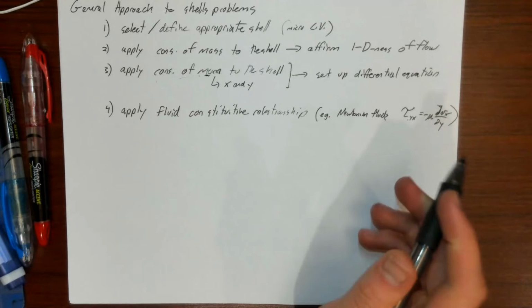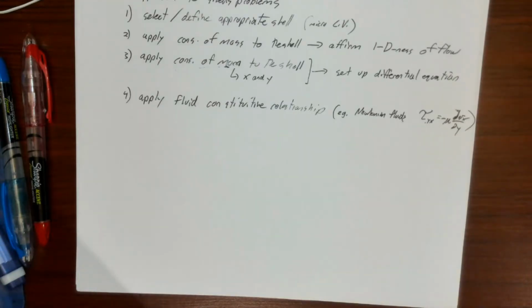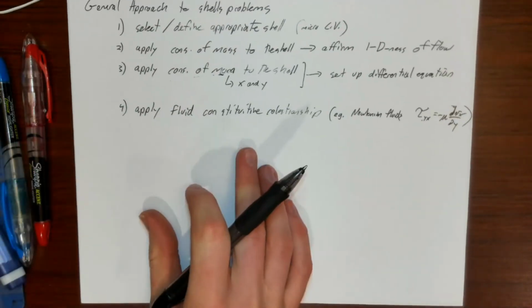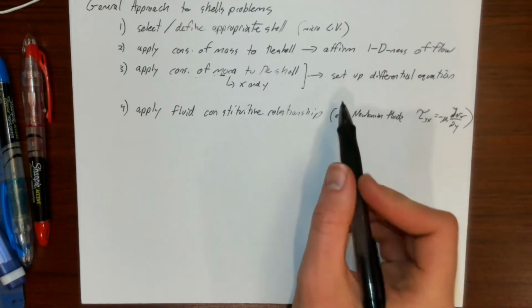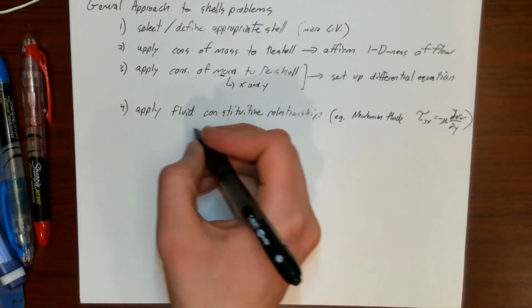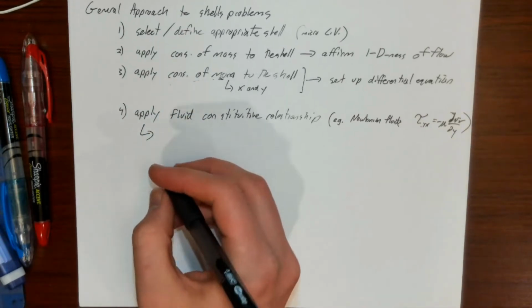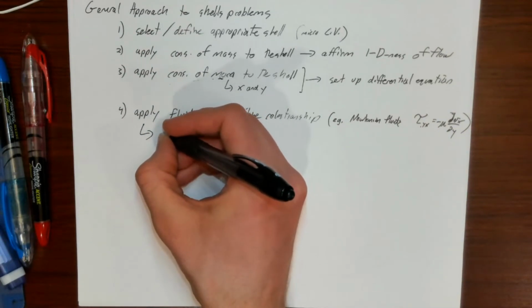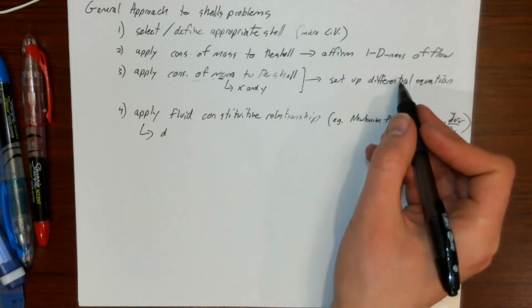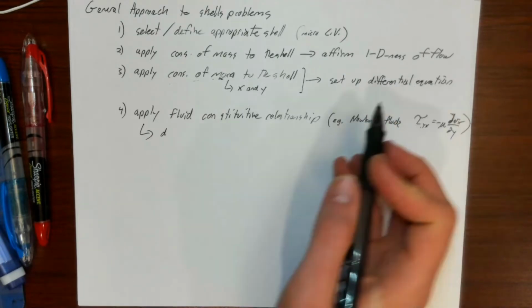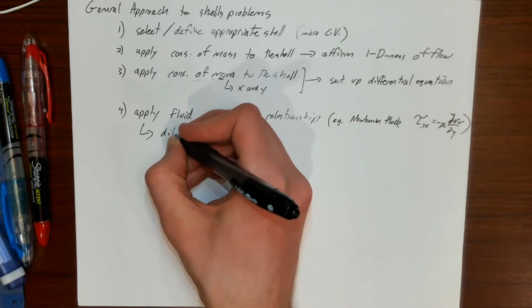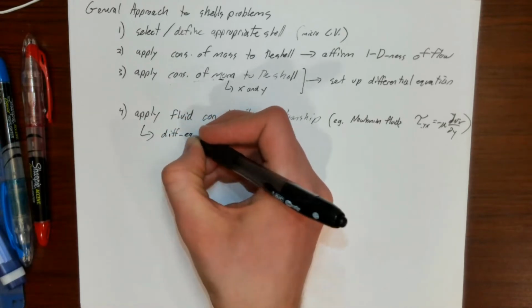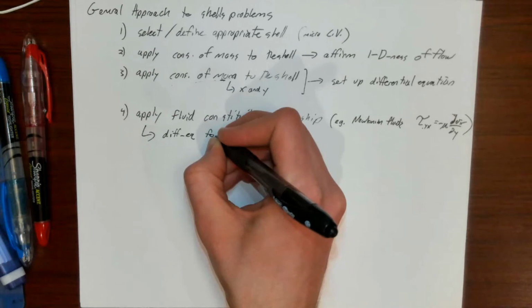After we apply this constitutive relationship, we'll end up with a differential equation. We'll combine the makings of a differential equation from the momentum balance with this constitutive relationship, and we'll get a differential equation for velocity.